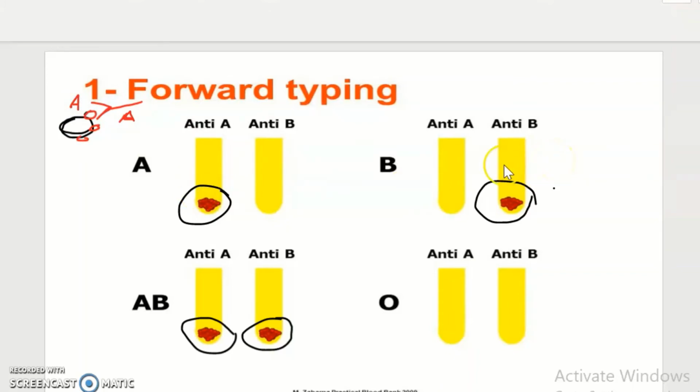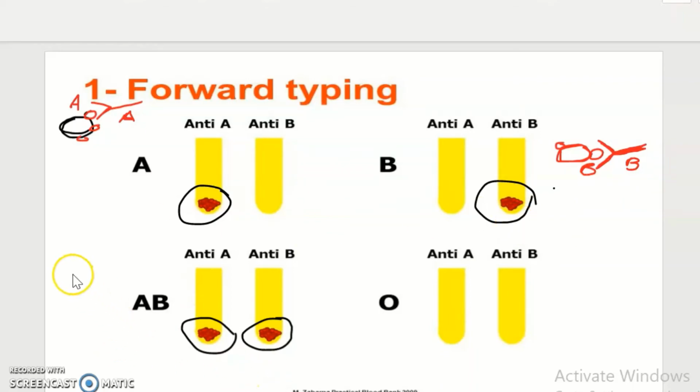In this scenario, the patient has B antigen on their red cell surface, and when anti-B is added, this anti-B is directed towards the B antigen, and that's why you see agglutination.